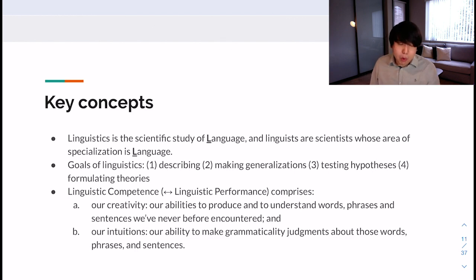One of the most important concepts covered in the first week's lecture is linguistic competence. It's an idea compared to linguistic performance. Performance is the actual outcome of the language we use.